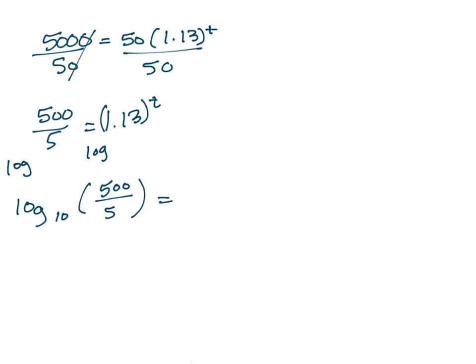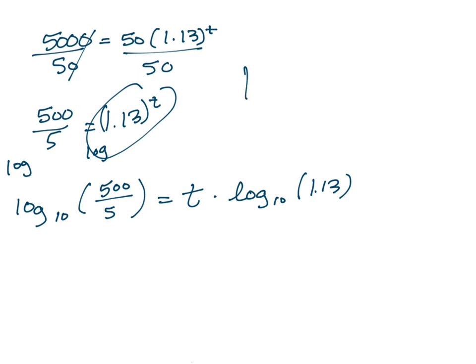When I log both sides, what does that allow me to do with the T? It brings it down to the front. So now this is T times the log base 10 of 1.13. On this right side, I have log base 10 of 1.13 to the T power, not to the 2, to the T power.